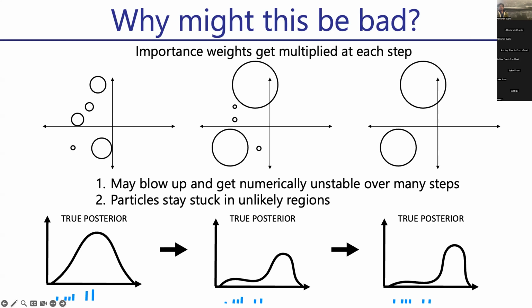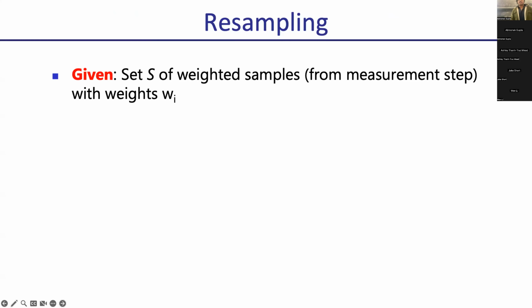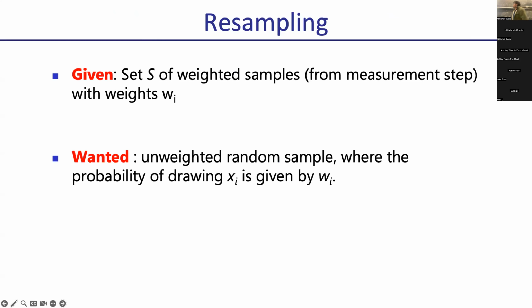So we're going to propose a simple solution, which is resampling. Resampling is a pretty simple idea. Let's say you had a set of weighted samples, X1 to Xn with weights W1 to Wn. What you're going to do is return a set of unweighted samples.